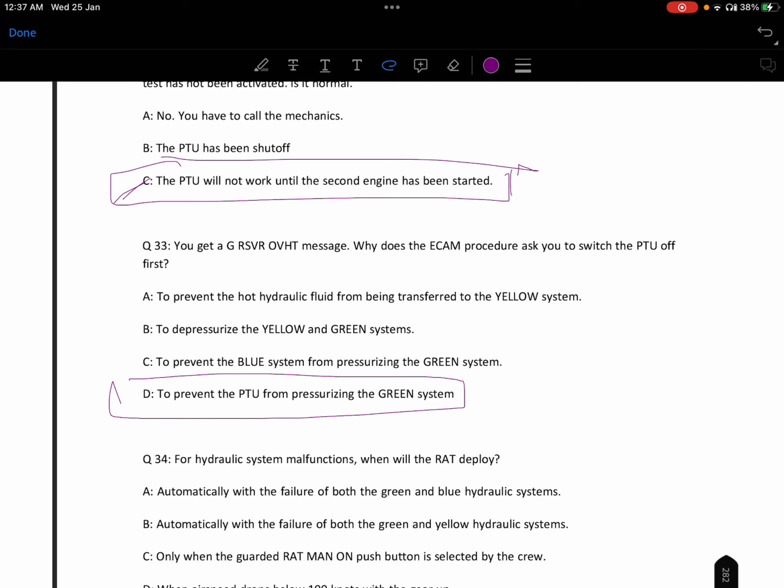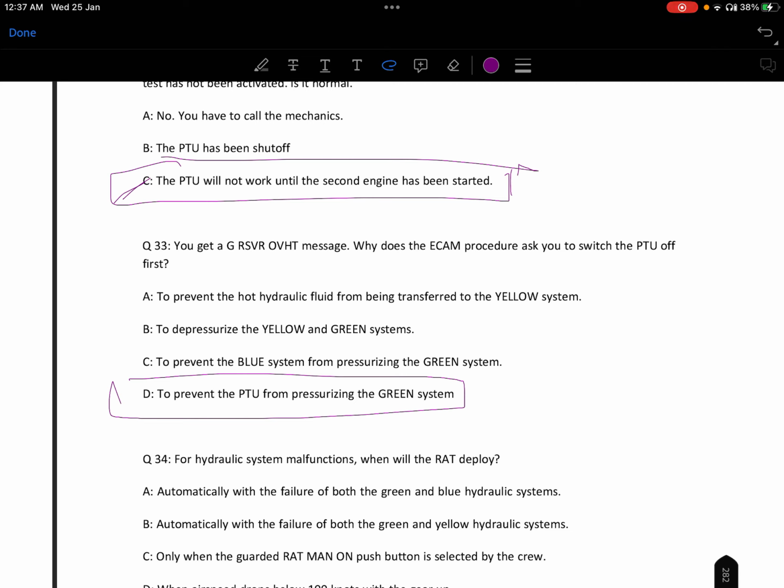To prevent hot hydraulic from being transferred to the yellow, no. To depressurize the yellow and green system, wrong. To prevent the PTU from pressurizing the green system, this is the correct answer. To prevent the PTU from pressurizing the green system, right?